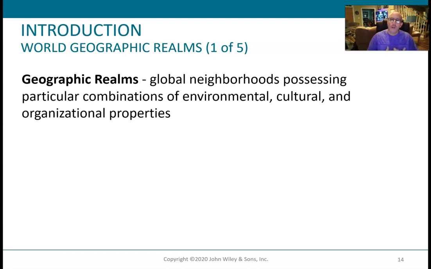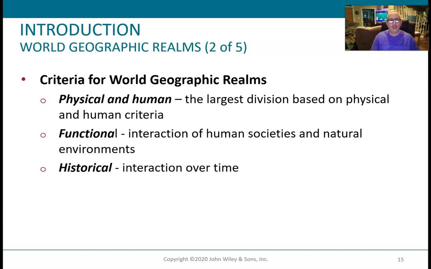However, when you look at those continents, and then you look at the cultures, the land, everything together, it's really not as accurate as studying it by a realm. What a realm does is take different factors together and categorize these places and split them up a little bit differently. For instance, it will take the physical environment into consideration.